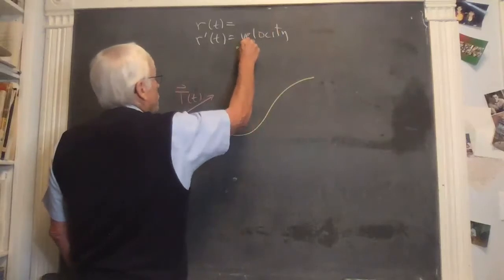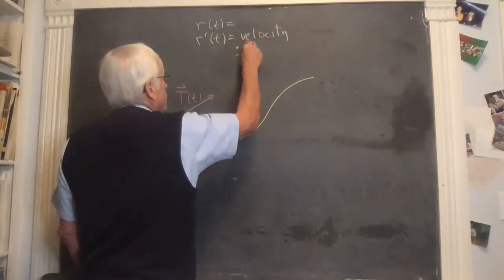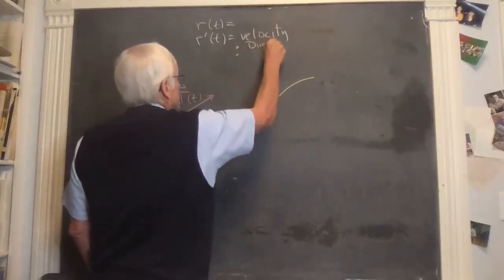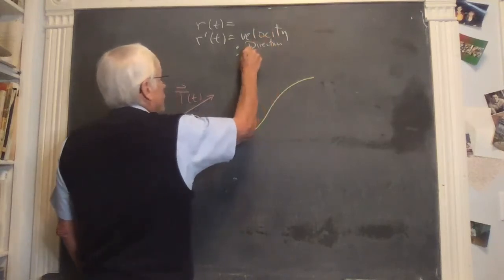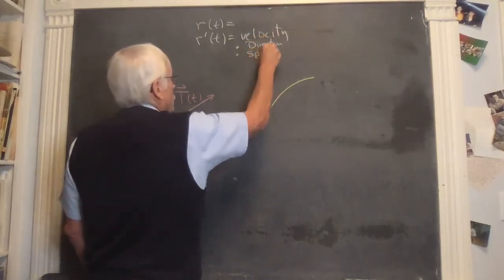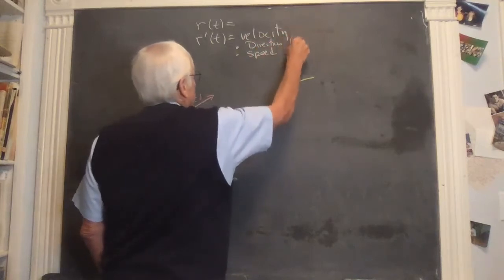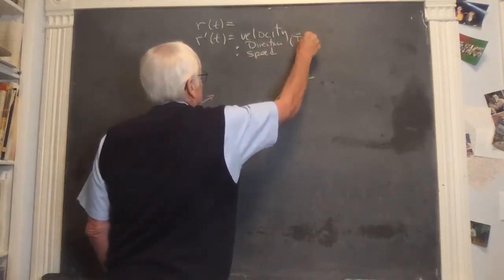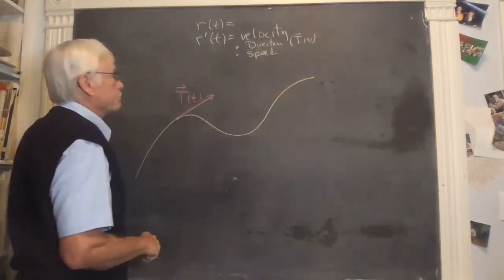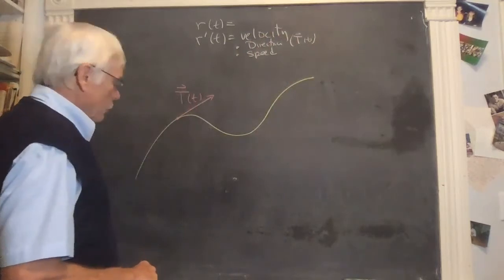It has two components, direction and length, which we call speed, and the direction is a unit vector and is this T. So that's kind of where we're at.